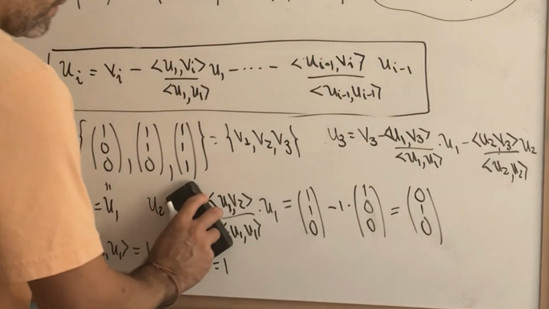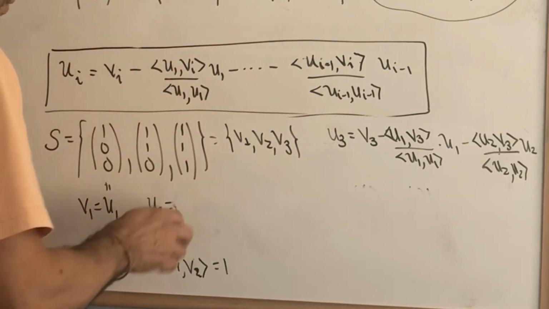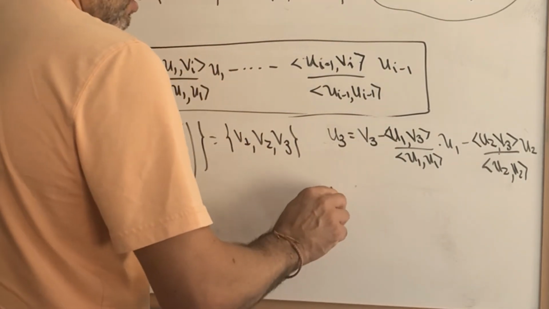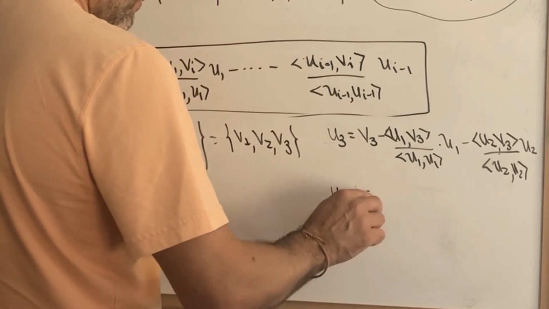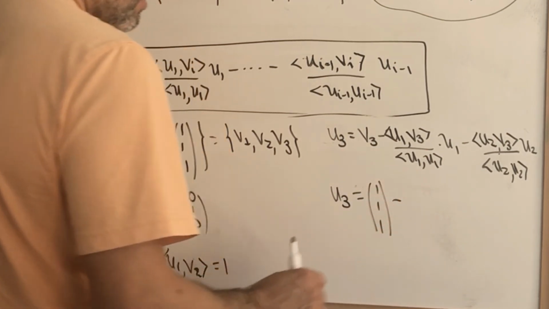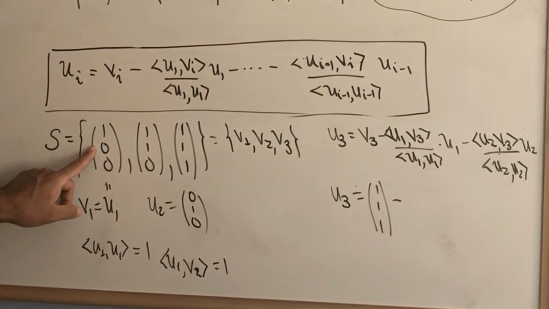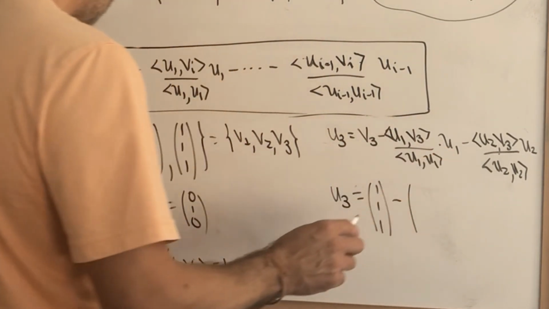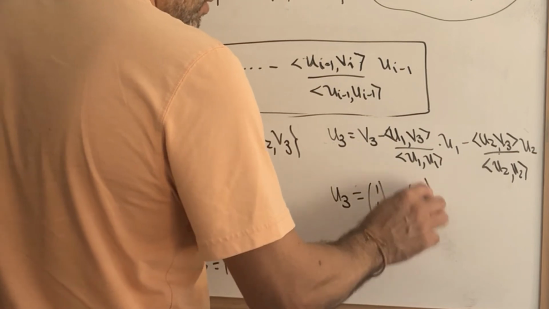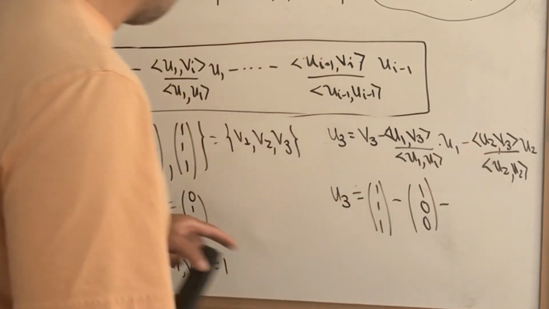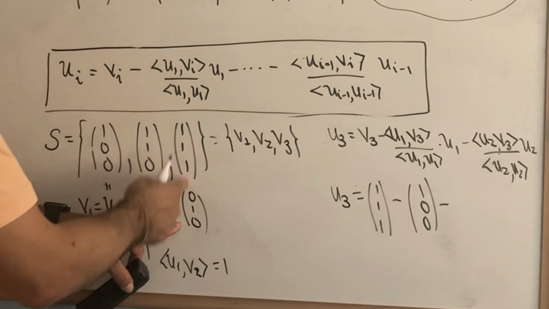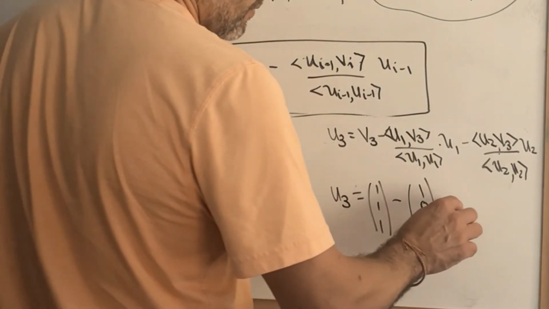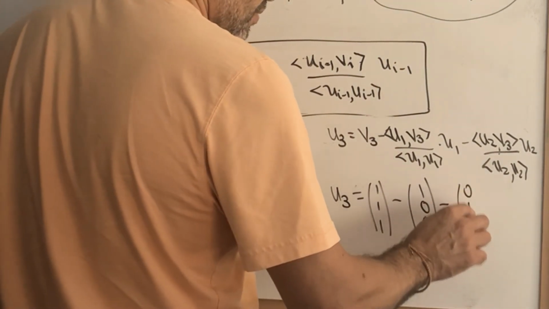Let me just erase all of this, and we have that u2 is the vector 0, 1, 0, and then u3 is just v3, which is the vector 1, 1, 1, minus u1 inner product with v3 is 1, and u1 over 1 is 1, then this is 1, times the vector u1, which is 1, 0, 0, minus u2, that product with v3, the dot product of these two is 1, and the dot product of u2 with itself is also 1, and here we have minus 1 times u2, which is 0, 1, 0.